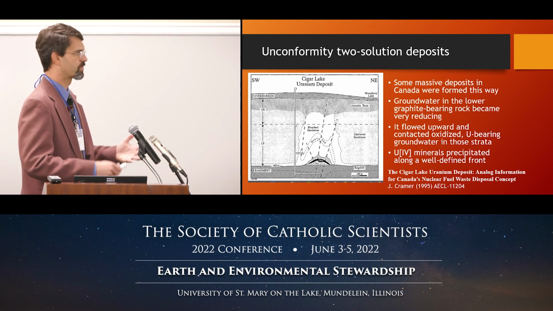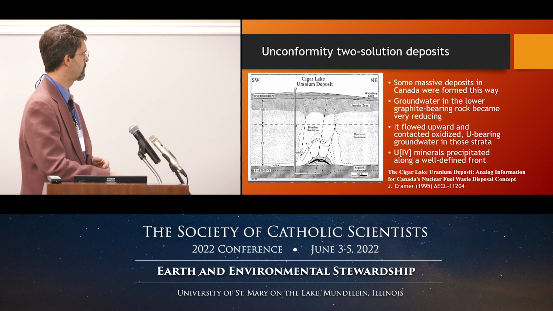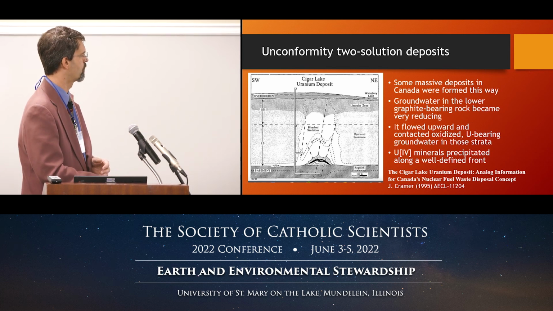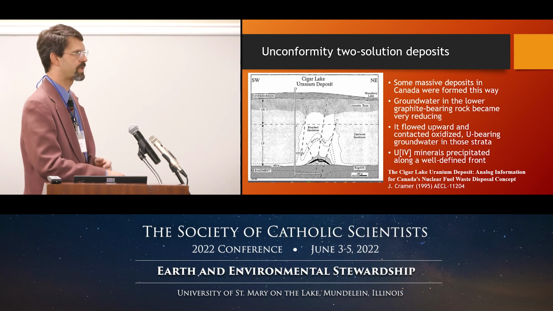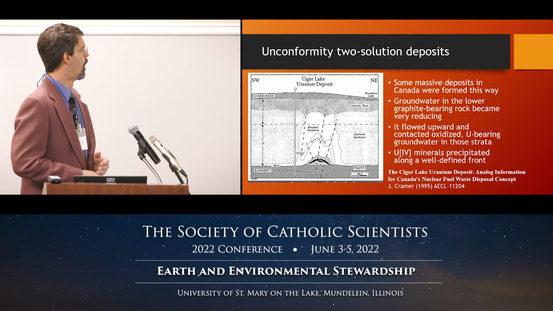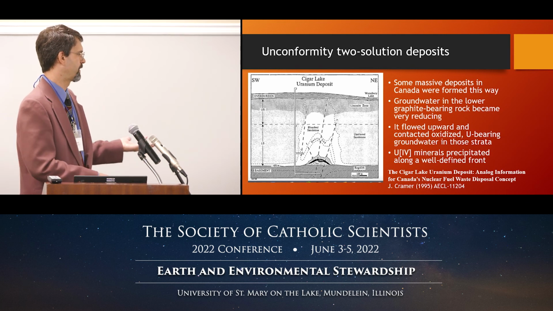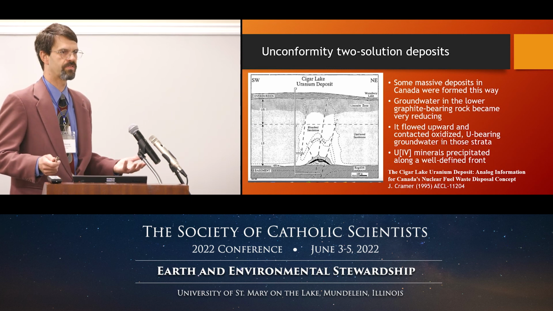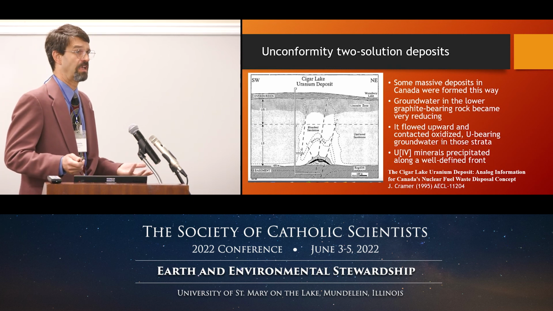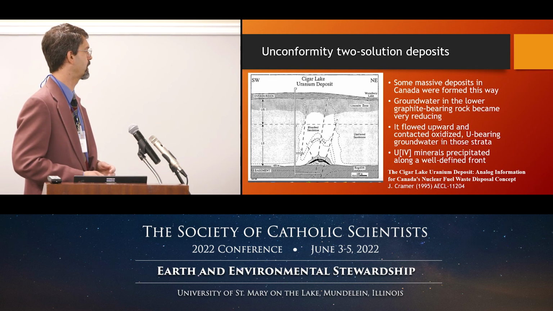So some regional hydrologic phenomenon encouraged water from this formation to well up into the overlying formation, where it met an oxidized fluid that had scavenged some uranium from somewhere. And so at the interface between these fluids, you have a world-class deposit, as they say, that's 5% uranium, which is a very, very high-grade deposit.